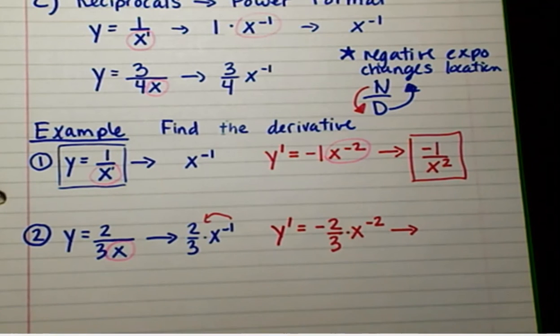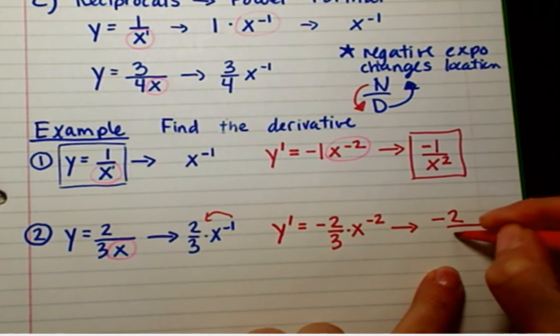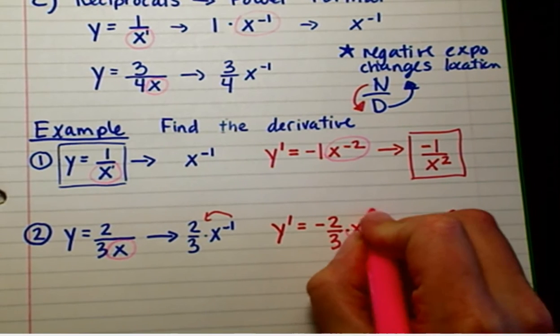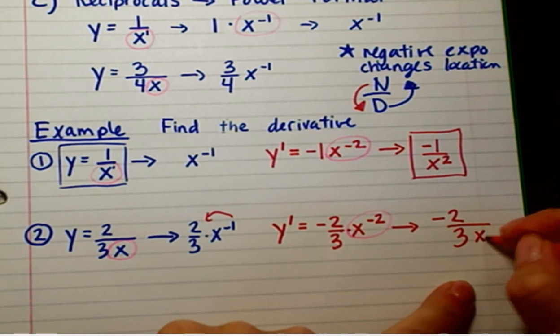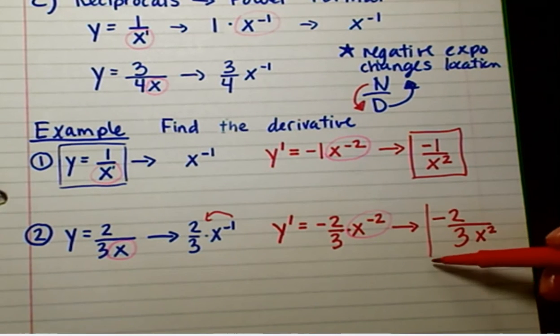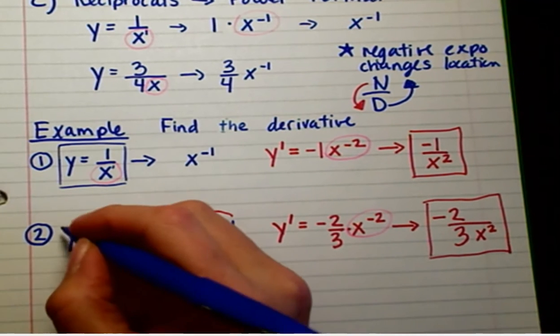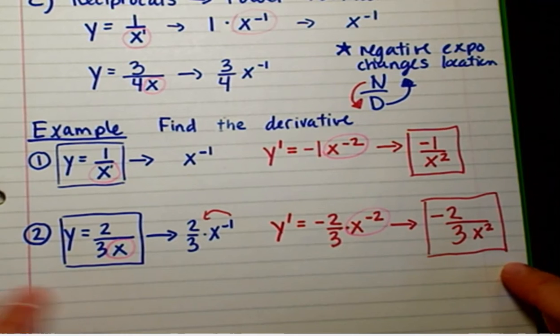Put it back. The only thing that's changing is that part. It's going to go from the numerator to the denominator, and so the sign changes when the location changes. I'm just boxing where we started and the final answer of the derivative.